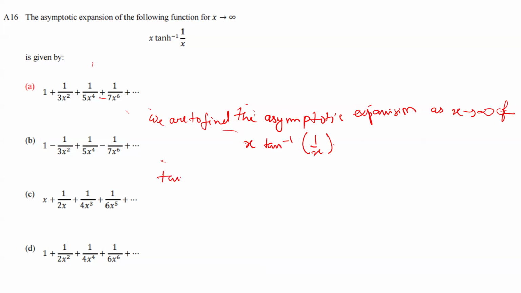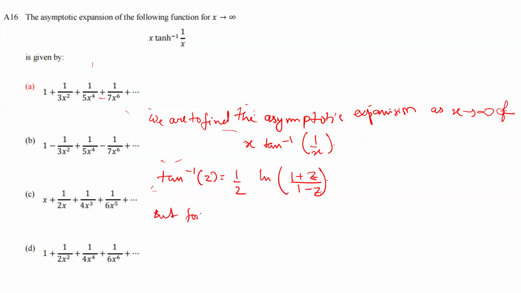We have learned from the theory that tan inverse z equal to half ln 1 plus z by 1 minus z, right?